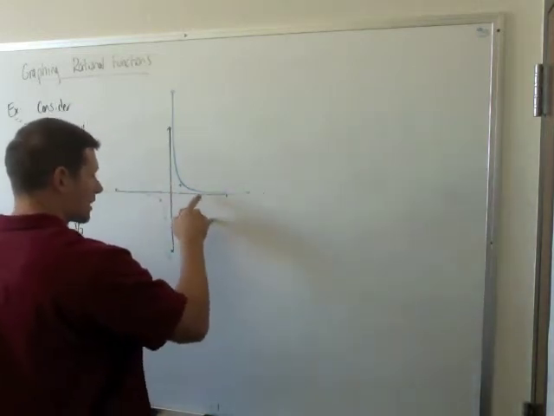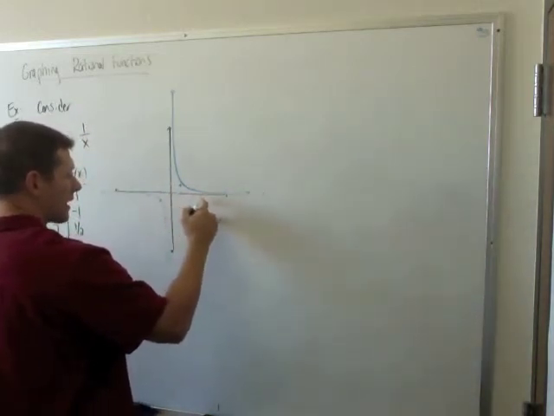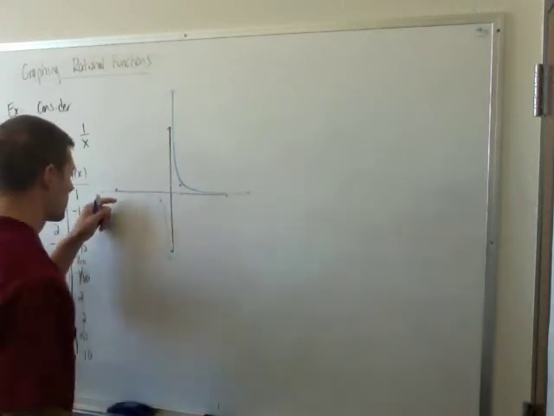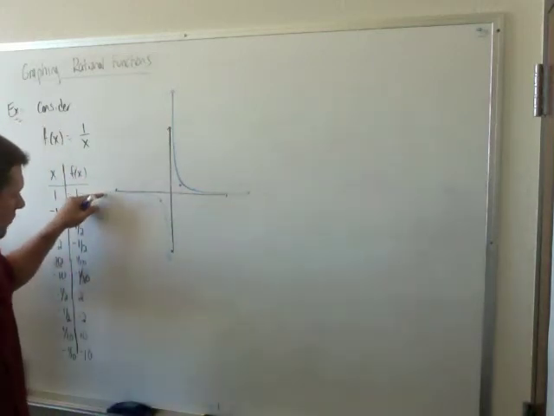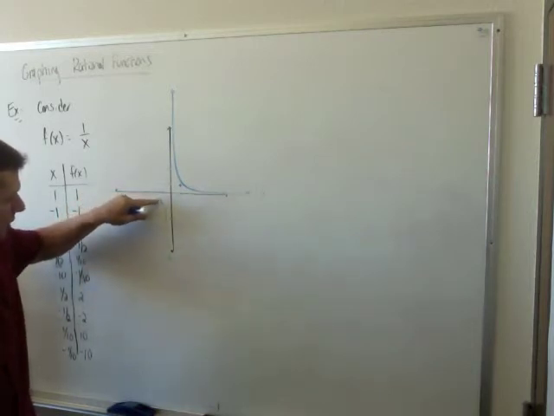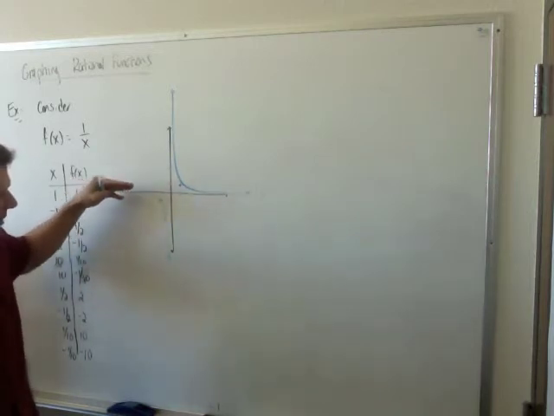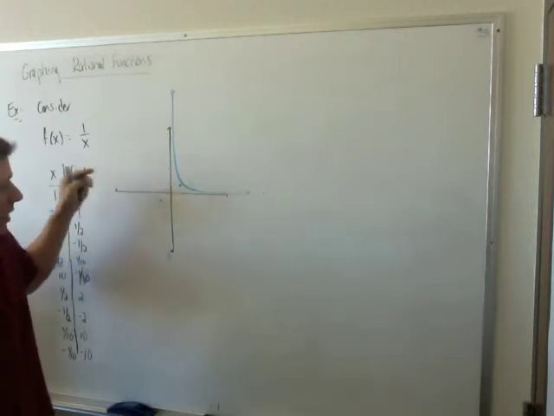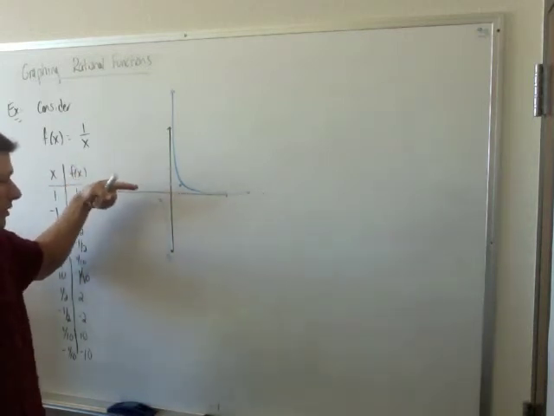First thing I want to say is, what happens as we approach, well actually we'll start with this side, what happens to the height of this blue curve as x gets closer and closer to 0 from this side, coming from this direction?